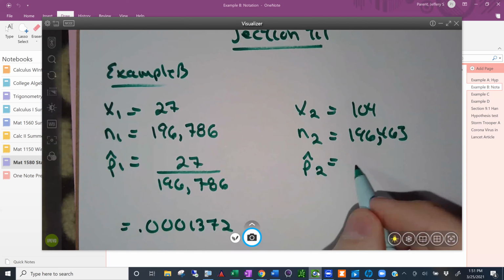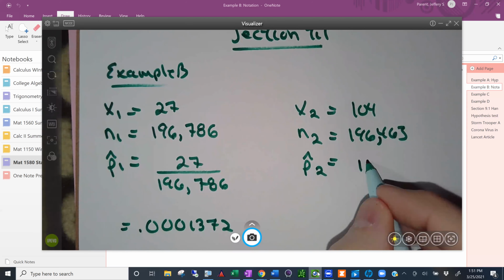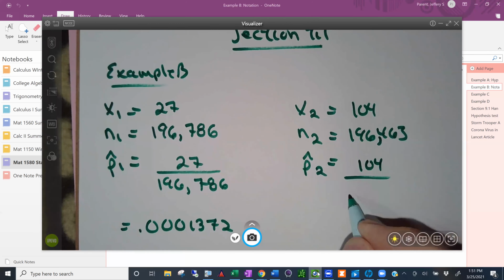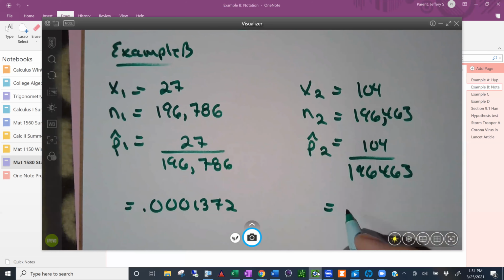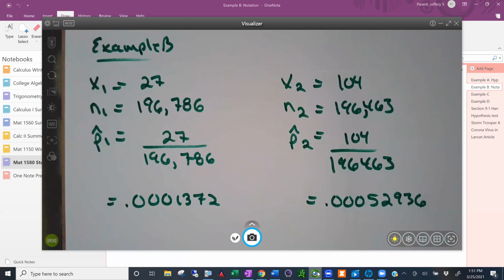So that means p hat 2 is 104 divided by 196,463. And that gives you a probability of the disease of 0.00052936. So either way, is your chance of getting the disease small or large? Looks very small. Looks very small in both cases.